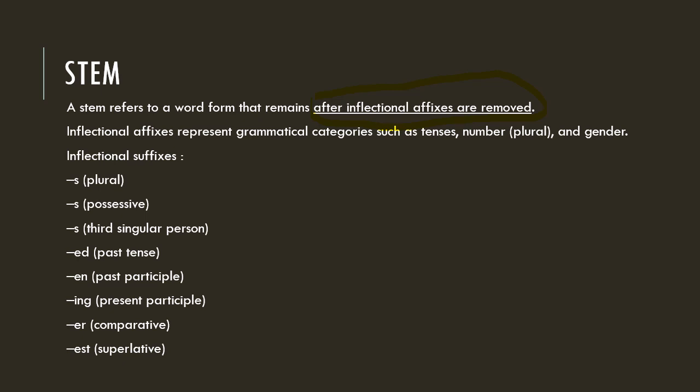For example, the plural sign, possessive, third person singular, past tense by adding ed, and then past participle like bite, bit, bitten, and then ing to show present participle or continuous form, and then comparative and superlative forms. These all eight are the types of inflectional affixes.